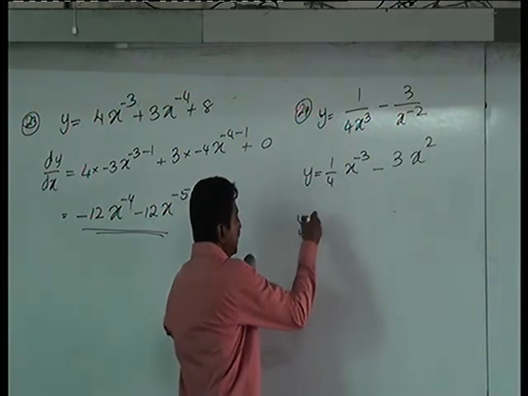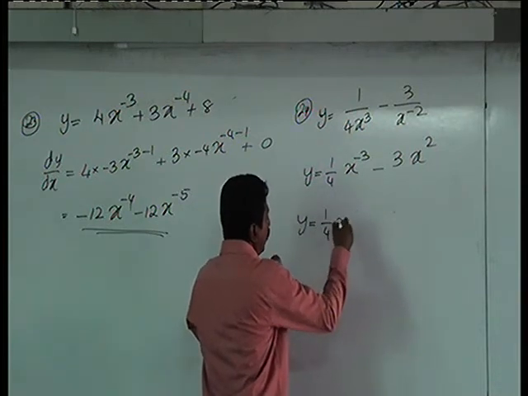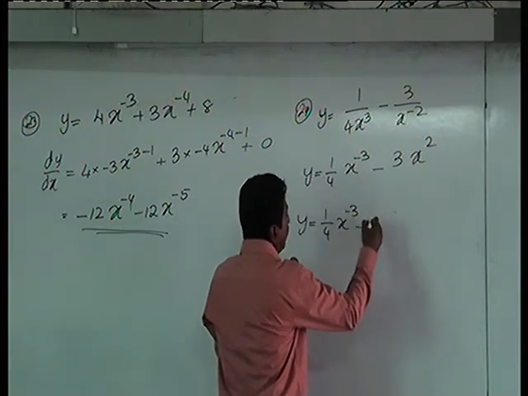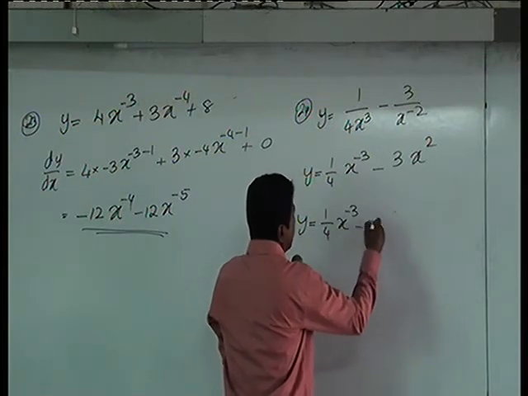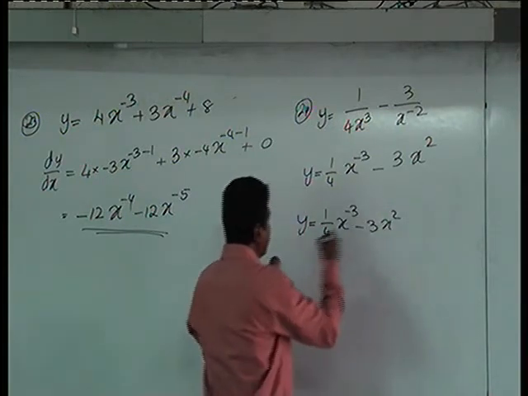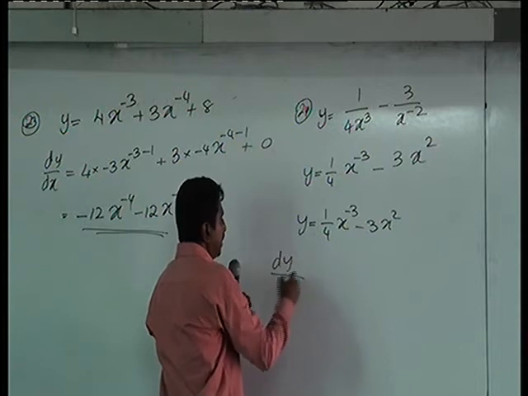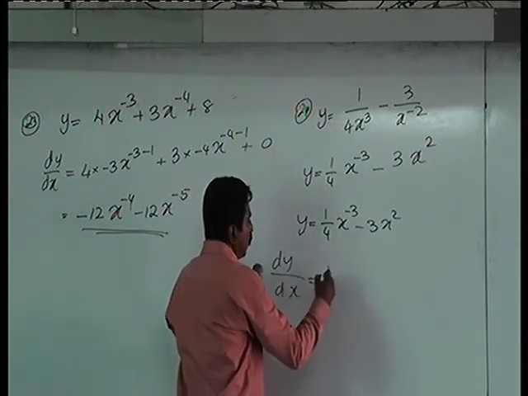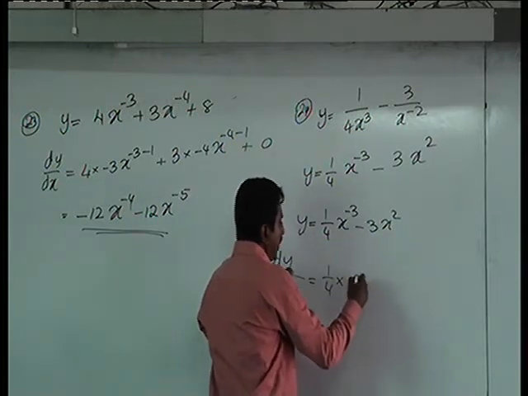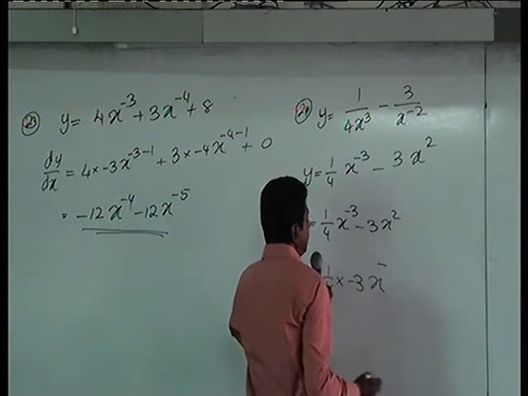So y is equal to 1 over 4 x to the power minus 3, minus 3x squared. I can differentiate this now. Dy by dx is 1 over 4 into minus 3 x to the power minus 3 minus 1.